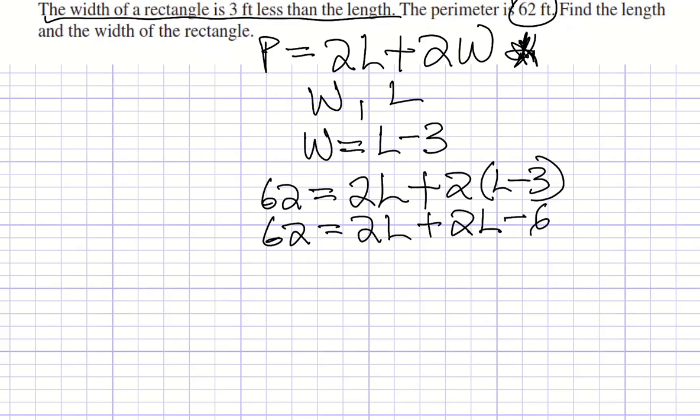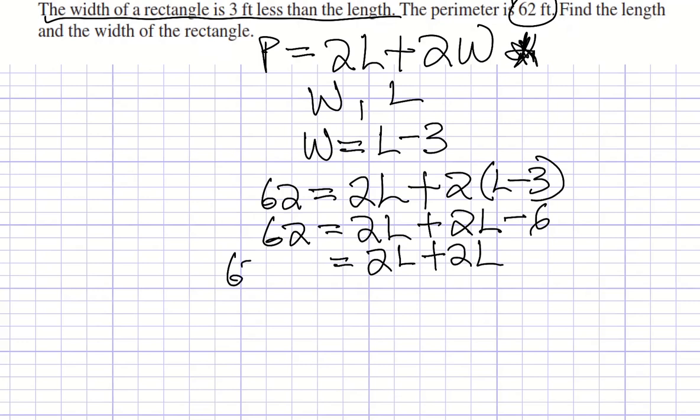Usually we'll move the variable to the left and leave the constant to the right. We can do that by switching things around, but before I confuse you, let's do it this way. 2L plus 2L is 4L. We'll move the 6 to the other side.